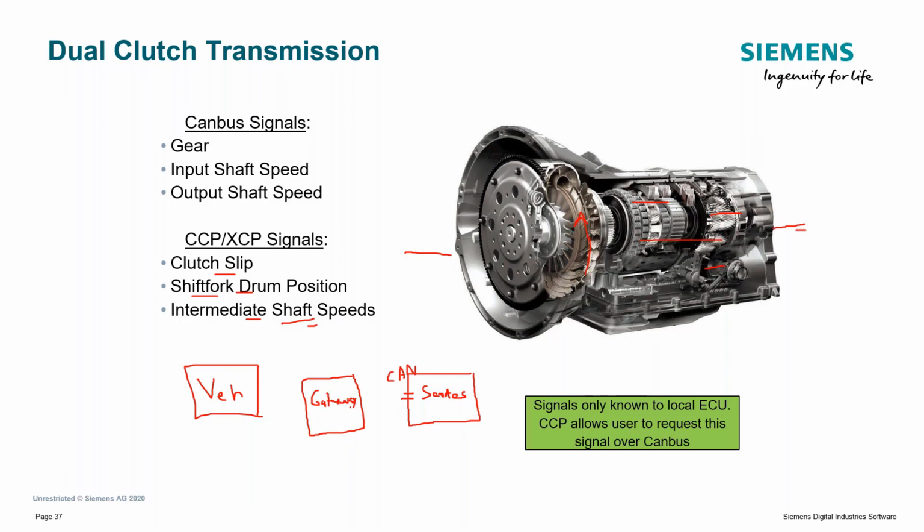A few companies make those, and feel free to contact Charles after, and we can recommend some. That takes the CCP out here, and then translates that CCP into a CAN signal for the SCADAS. So a small device can sit there, act as an intermediary to get that information to the SCADAS, where all your analog signals from the vehicle are also coming in and then can be coordinated together.